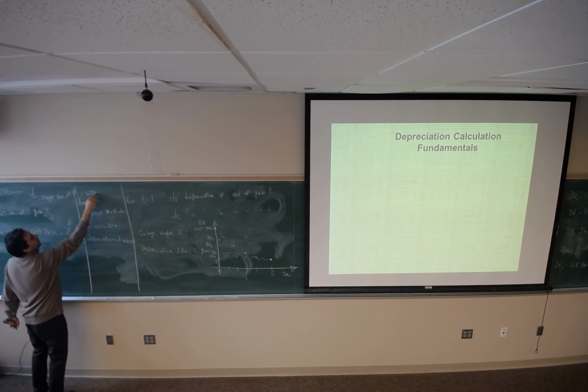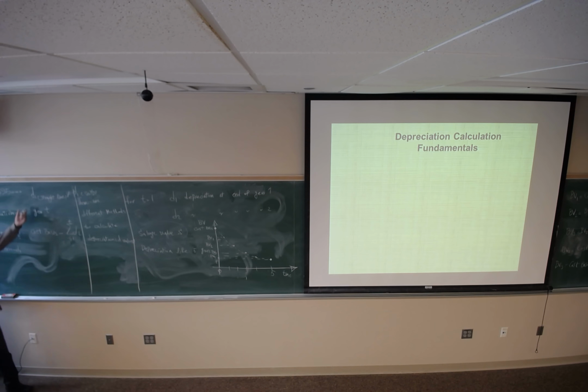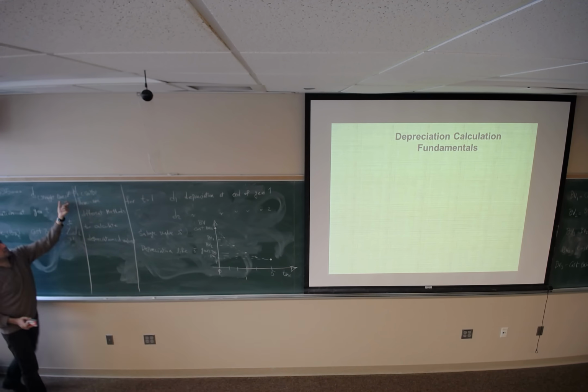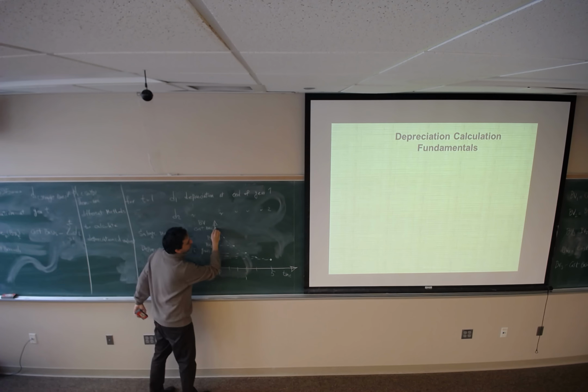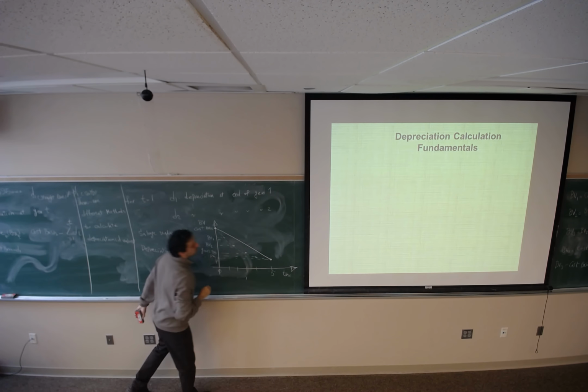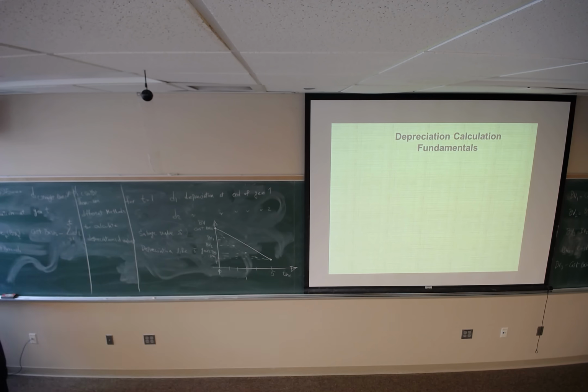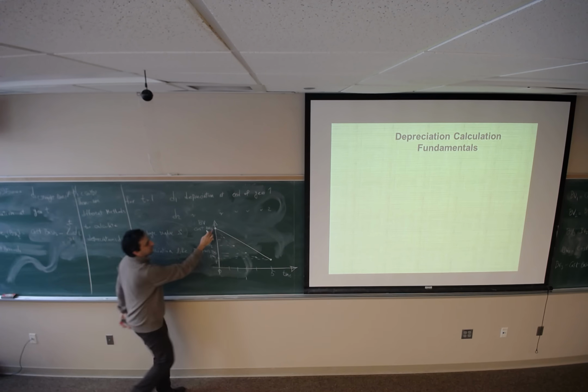We will talk about that, but I just want to show you the difference between the methods: you are going to get different values for the depreciation. So in straight line, you are going to get something like this, one straight line going from cost basis to the salvage value.